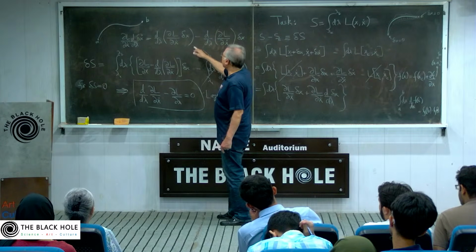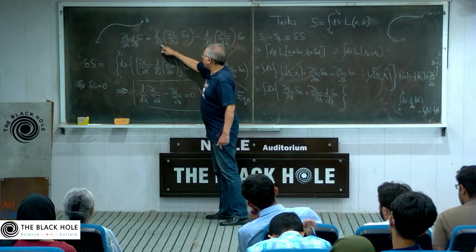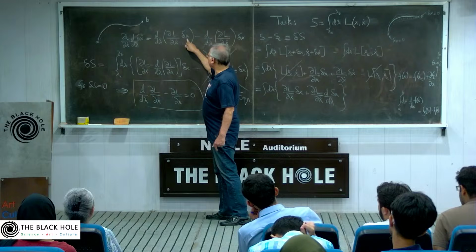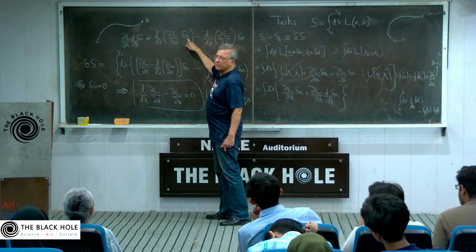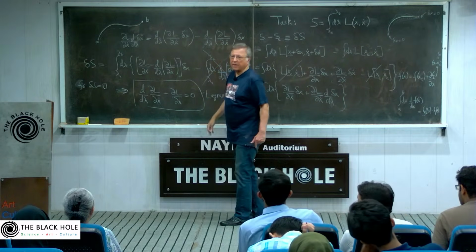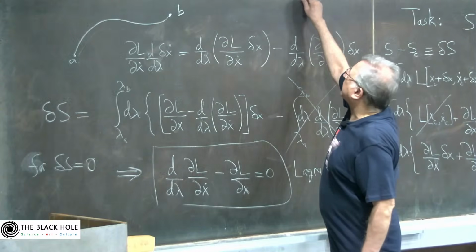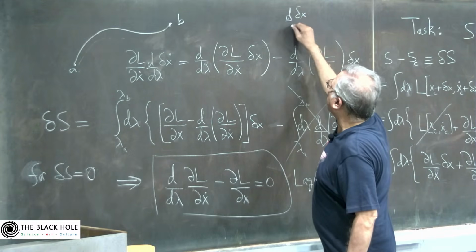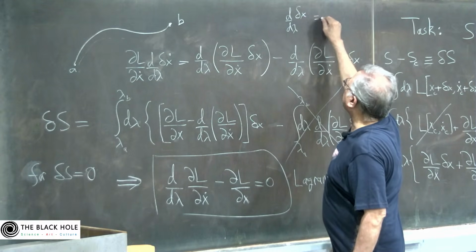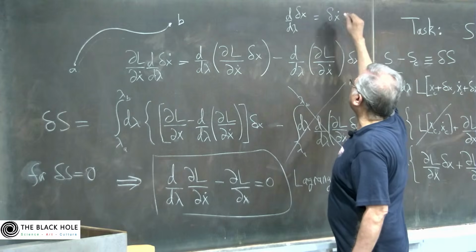There will be one remaining term, which will be d by d lambda acting on this, which gives you delta x dot. Okay. Then there would be d by d lambda of delta x, not delta x dot. On the left side of the first equation. See this delta x, so d by d lambda of this is what we call delta x dot.